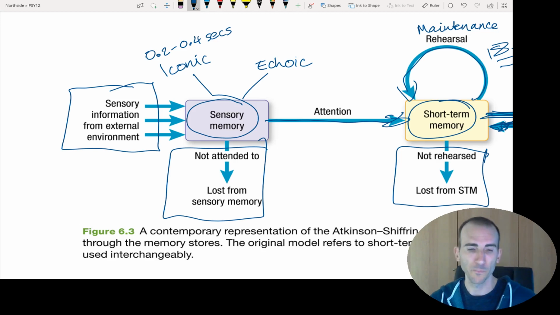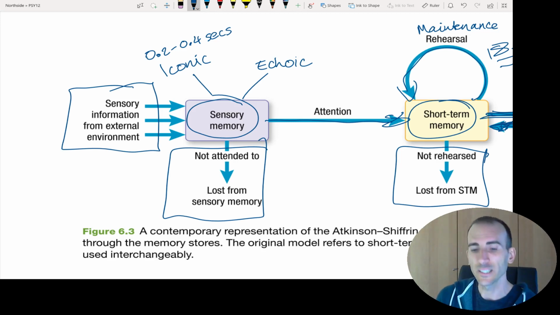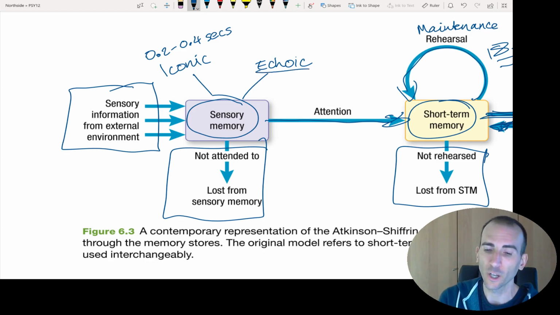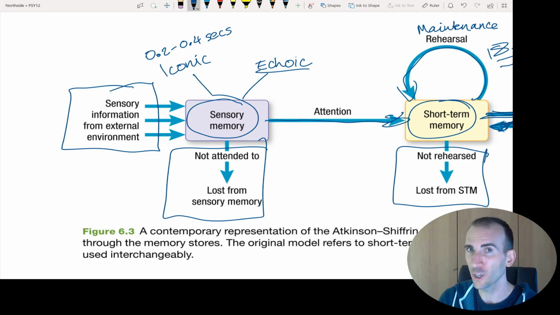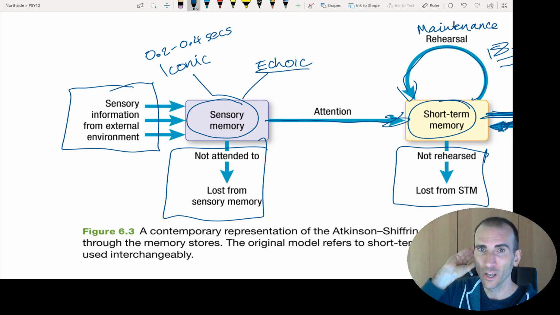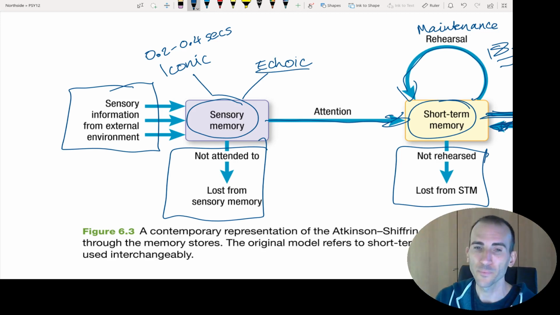The other one that we're going to learn about for sensory memory is echoic memory. Now, echoic sounds like the word echo. So this one is sound, auditory memory. Auditory memory doesn't last very long, about 5 seconds.